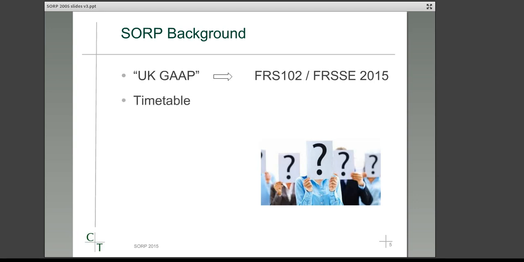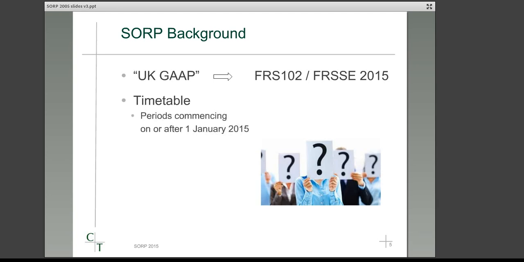In terms of timetable, the charity SORP will apply to accounting periods commencing on or after the 1st of January 2015, which is the same period as the FRS 102 application.